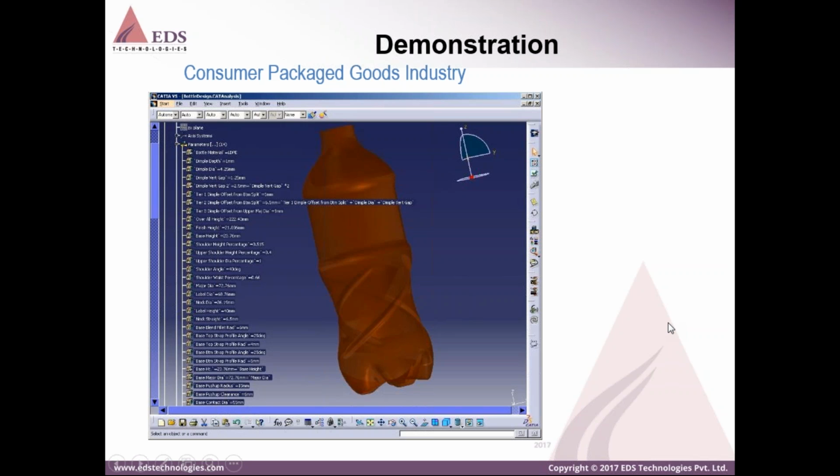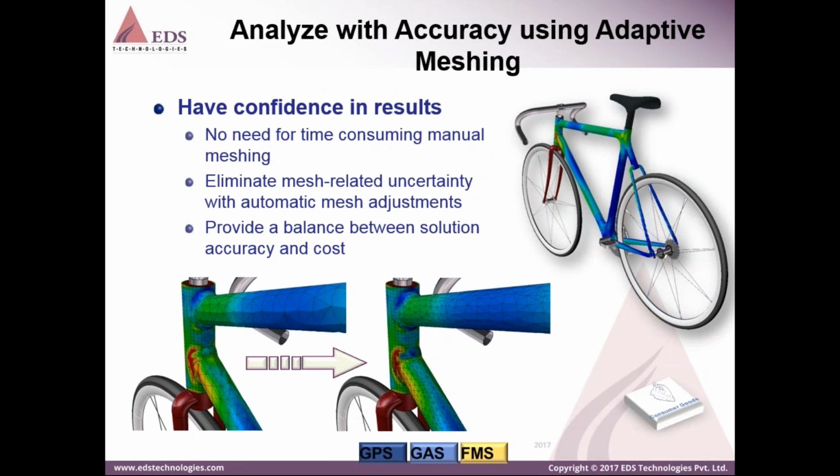And for the different configurations, we can do the analysis and the results can be compared. This was a typical example for a consumer packaged goods. How to control the accuracy for the adaptive meshing.